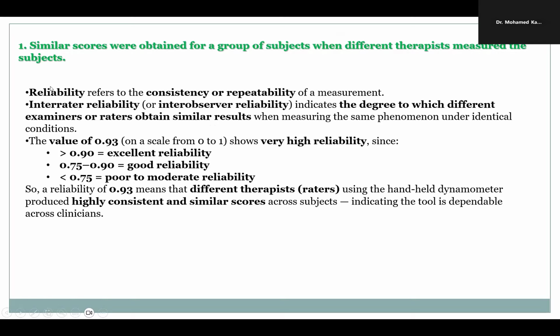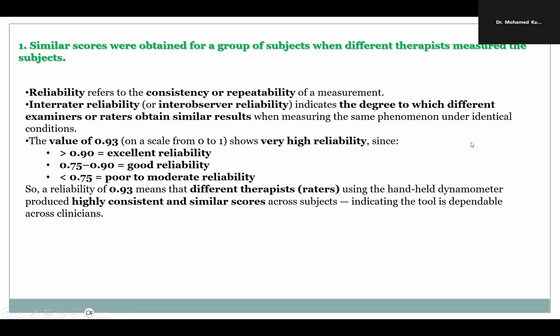Inter-rater means that we have different raters, more than one rater or one therapist or one researcher doing this experiment, or inter-observer reliability. This indicates the degree to which different examiners or raters obtain similar results when they are measuring the same phenomenon under identical conditions.